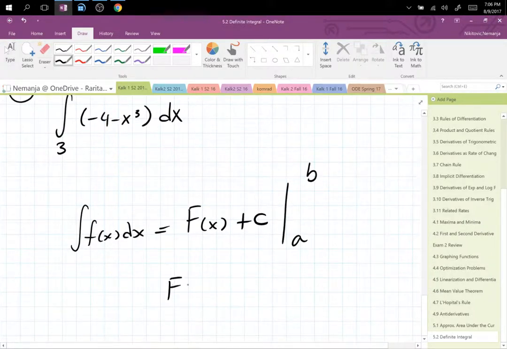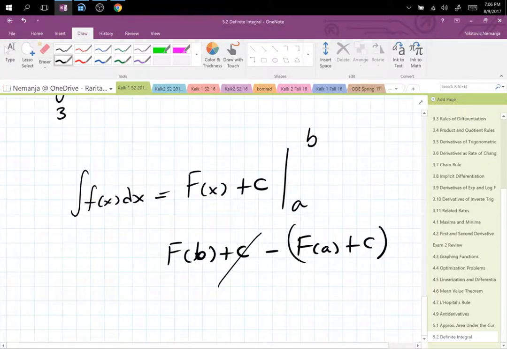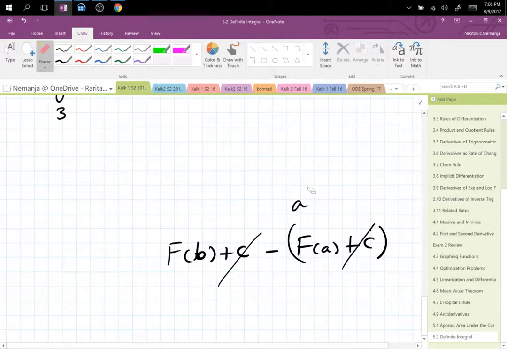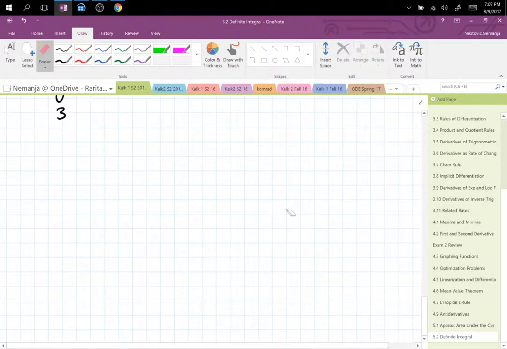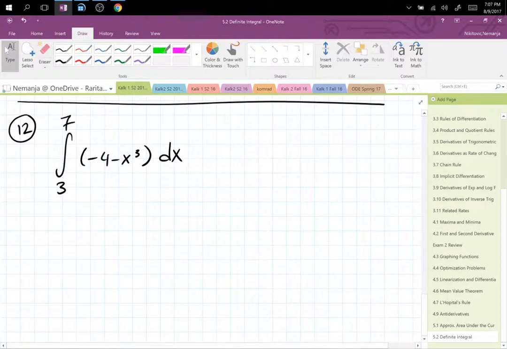So now that's going to be f of b plus c minus f of a plus c. The minus distributes and the c's cancel, which is the reason why we don't put plus c for definite integrals. So if you have limits with numbers, you don't do the plus c because it will cancel every time when you do the calculation. So we just ignore it. If you don't have the numbers, then you have to put plus c. If you're provided with the initial condition, you will calculate the value of c.